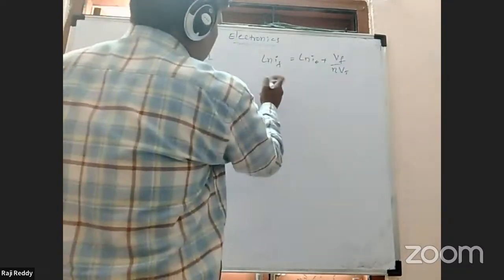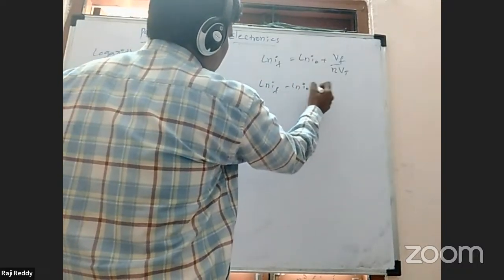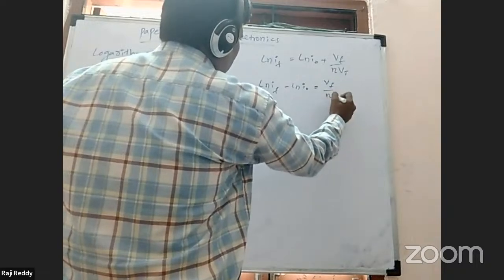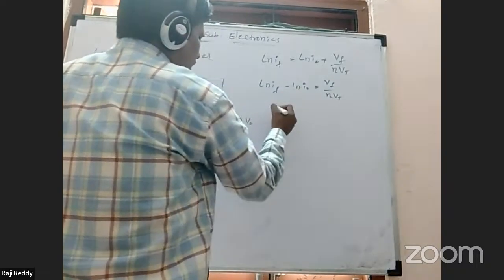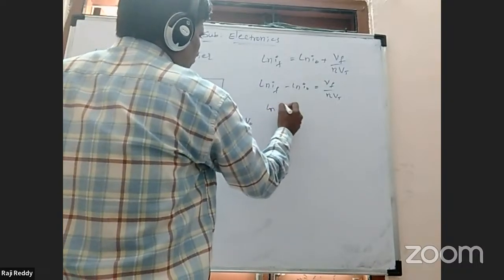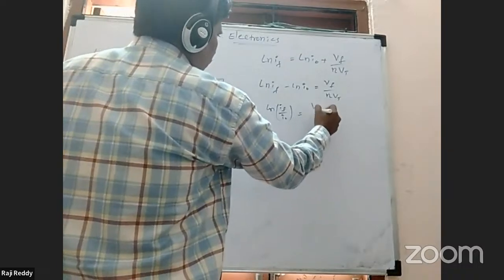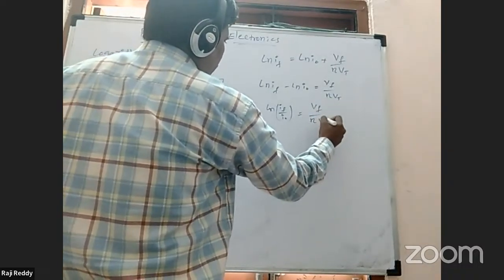Then, moving this side, ln IF minus ln I naught is equal to VF by eta into VT. Log A minus log B is log A by B, so ln IF by I naught equals VF by eta into VT.